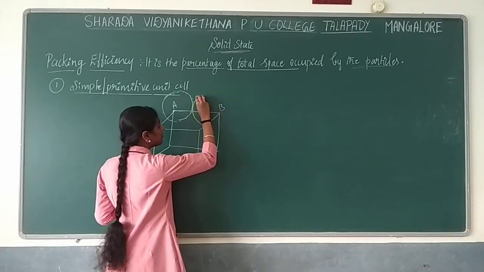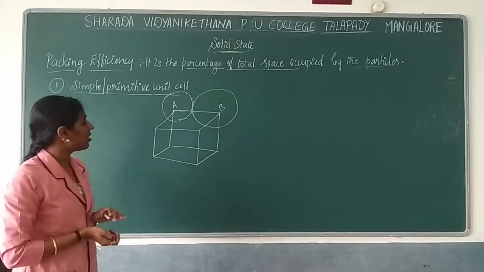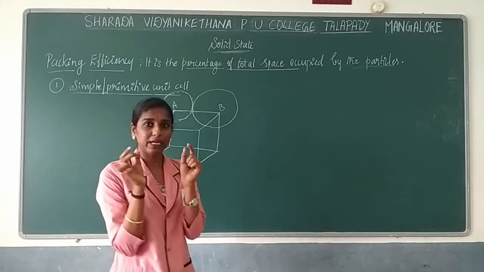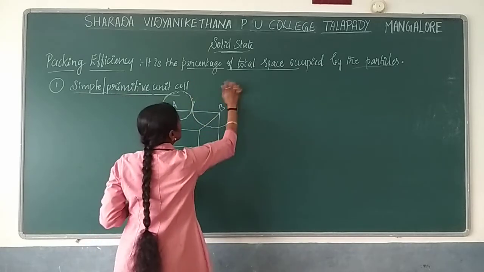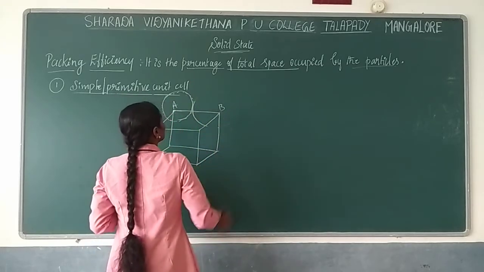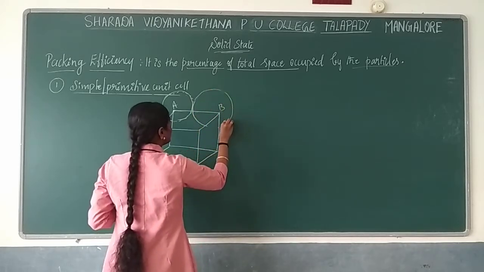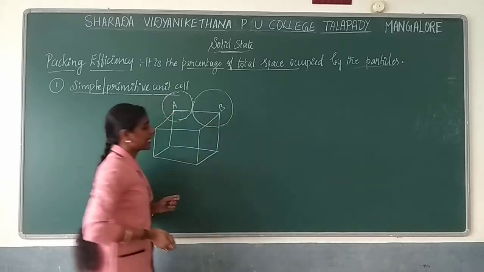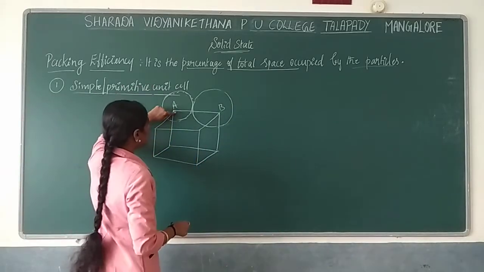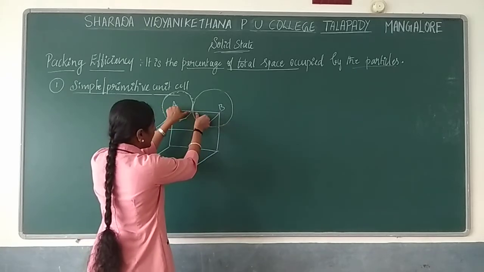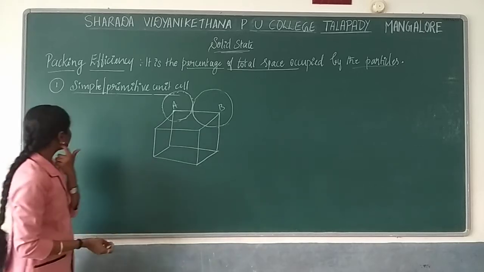Solid, in the sense what? Those are closely packed. The particles are closely packed, so they should be of equal size. The particle present in this corner as well as this corner will touch each other, right? Okay.